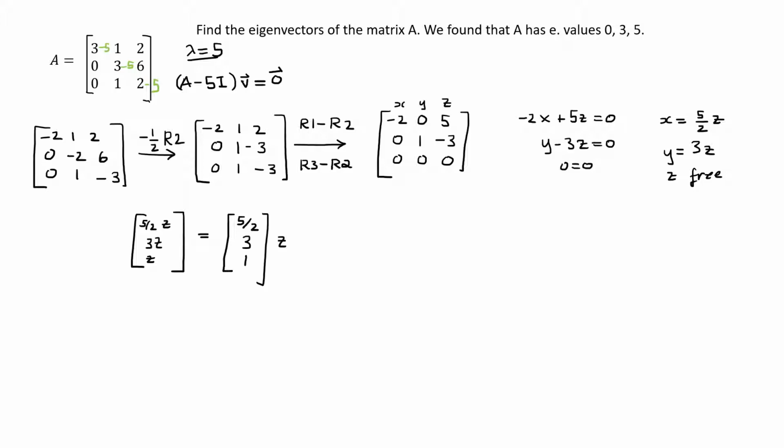This might be a little bit nicer looking if we just multiply every piece of this by 2. So I have 5, 6, 2, for k real. Every eigenvector corresponding to lambda equals 5 is going to have this form. And you can always check it by calculating A times this vector 5, 6, 2. All right, we did it.